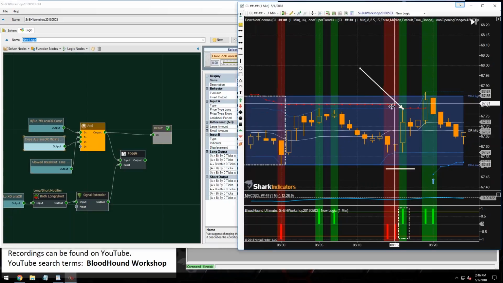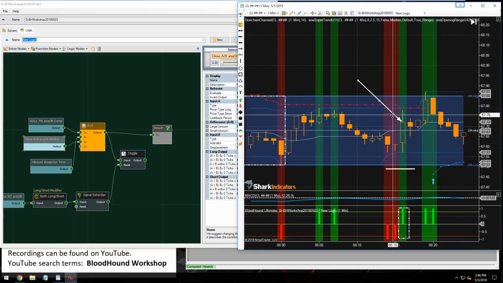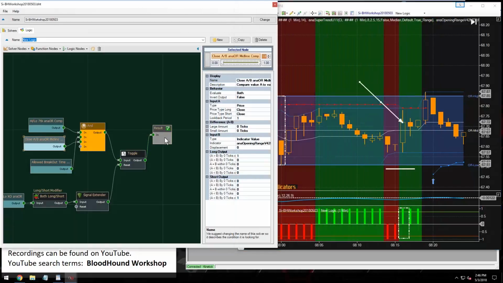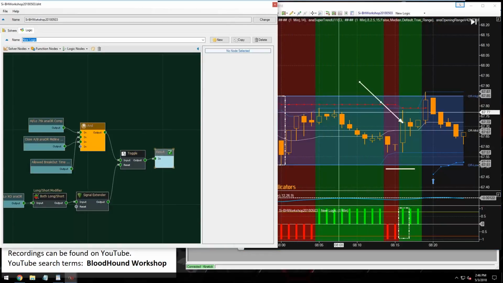Now we're saying, with some extra logic, well, that wick got close to the upper range, and the close of the bar is above the midline, the middle point of the range. There. So now let's take a look at the results here.